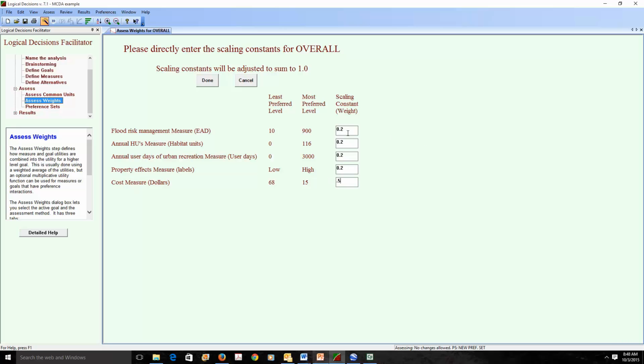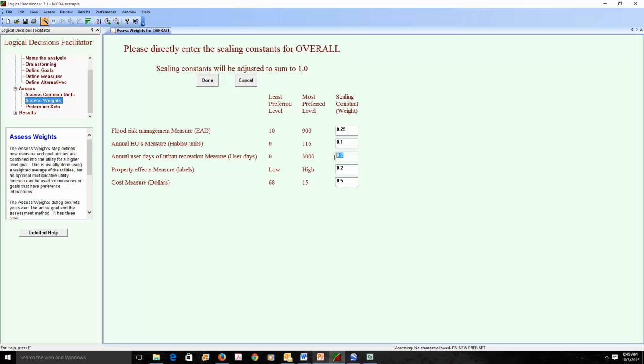Now I'm going to rescale this just to make it add up to 1, as you see here. And of these remaining, let's say that flood risk management is the most important. We're going to make that a 0.25. So that means I have a 0.25 to spread over these others, and let's do it with a 0.1 just arbitrarily.